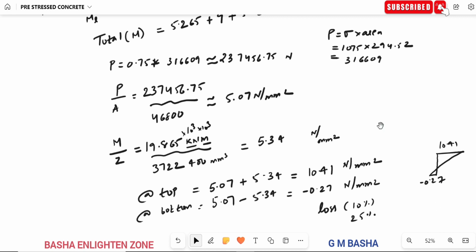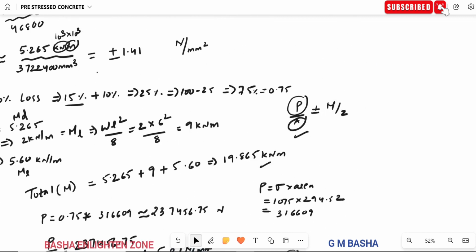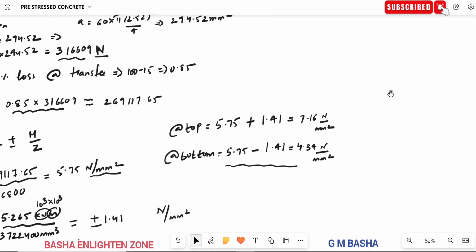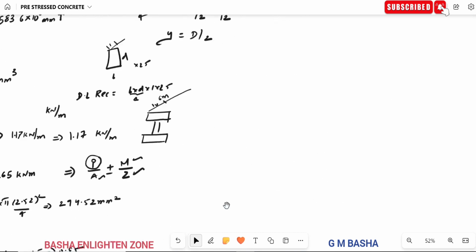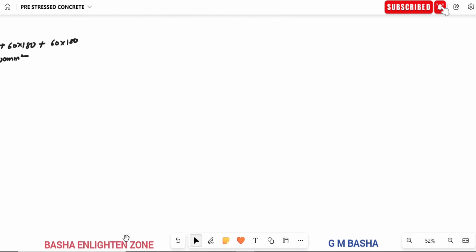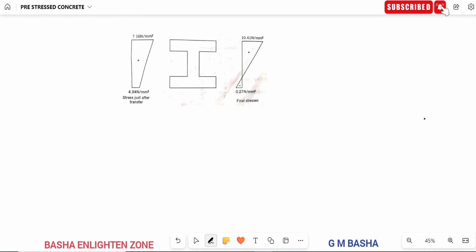So finally you see how the diagram will be. I will show you here. See here, at the transfer stage with 15% loss, the stress at the top will be 7.16 and at the bottom 4.34.